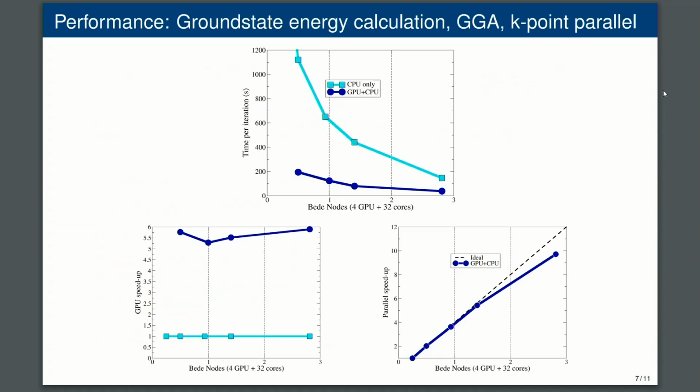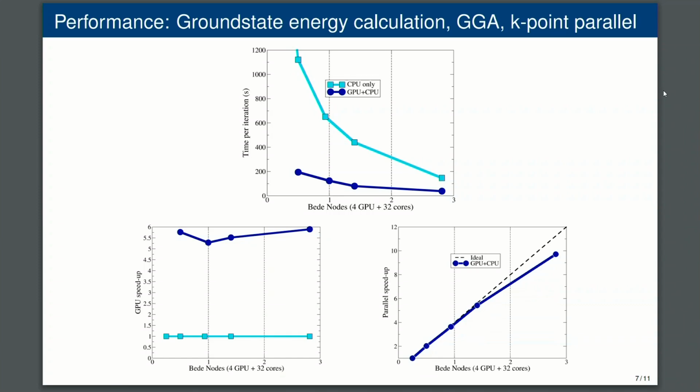Okay, so what we'll look at here is an exemplar of the results that we typically get from the GPU port. These three graphs all relate to the same run, which in very crude terms is just a ground state calculation using a semi-local exchange correlation functional and using only k-point parallelism.